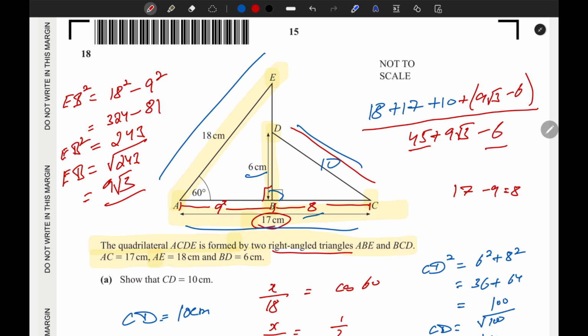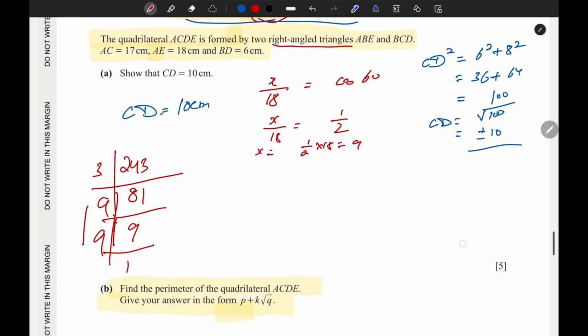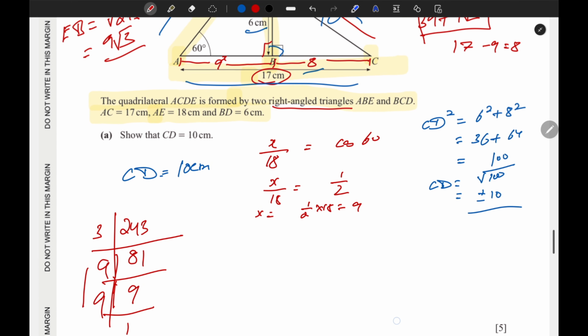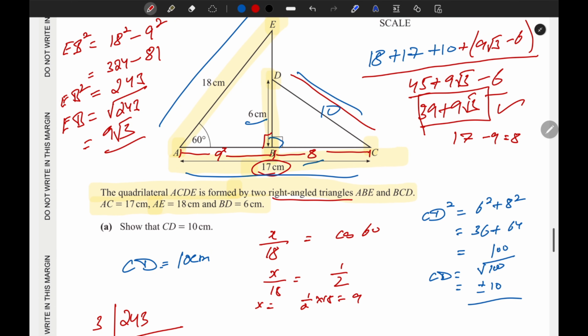So 45 minus 6 is 39. So this is 39 plus 9 root 3. This is the perimeter, or you can say this is the answer. So the answer is 39 plus 9 root 3 centimeter.